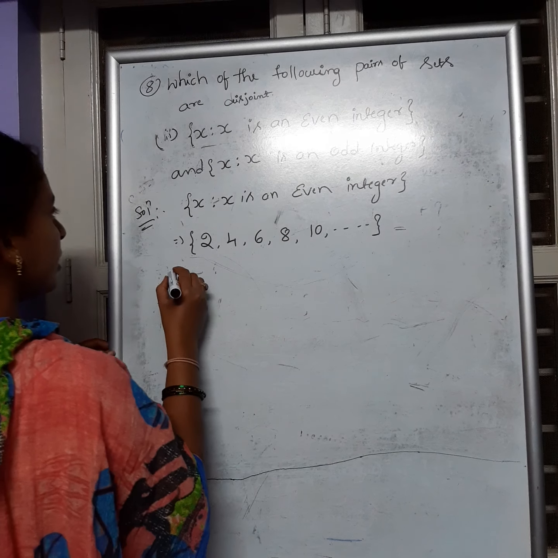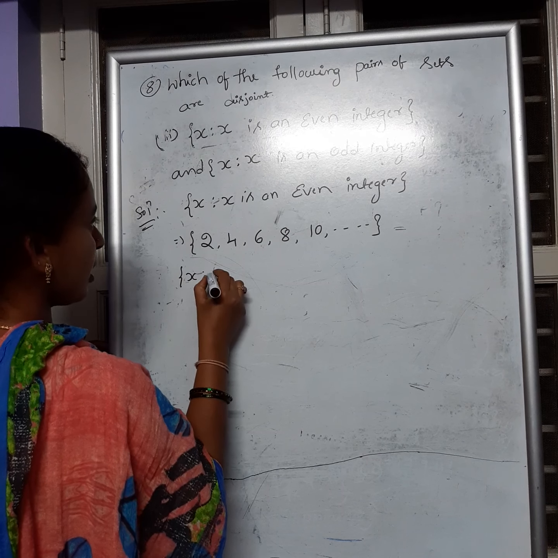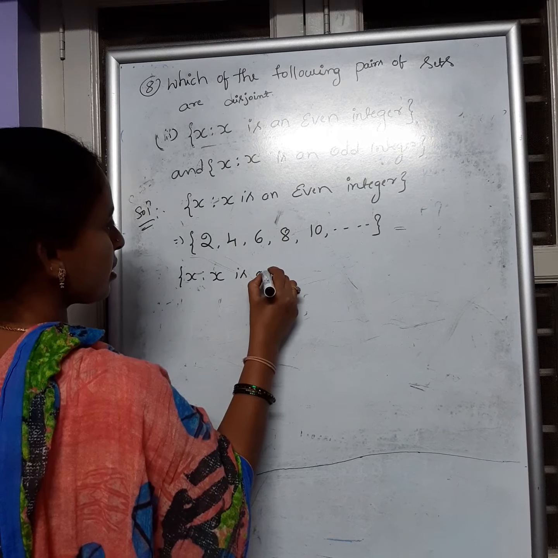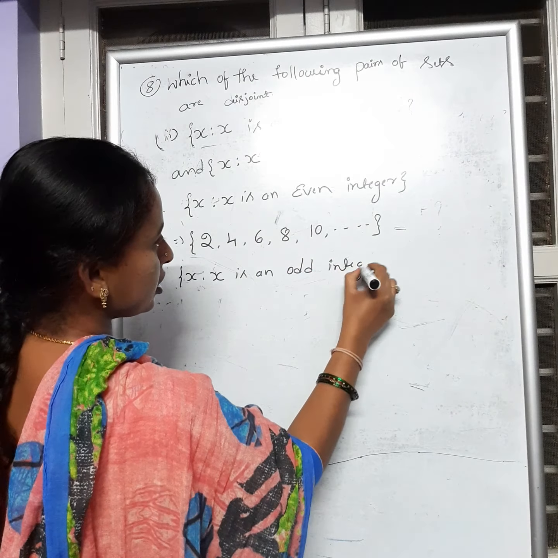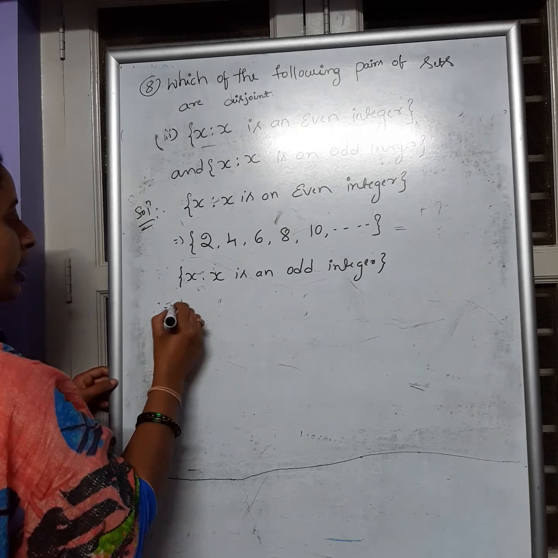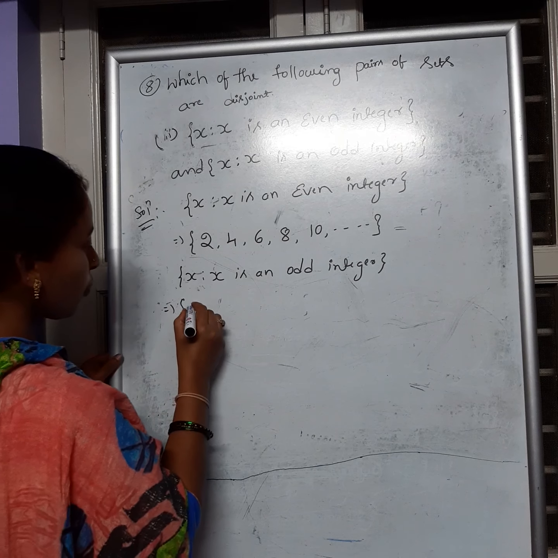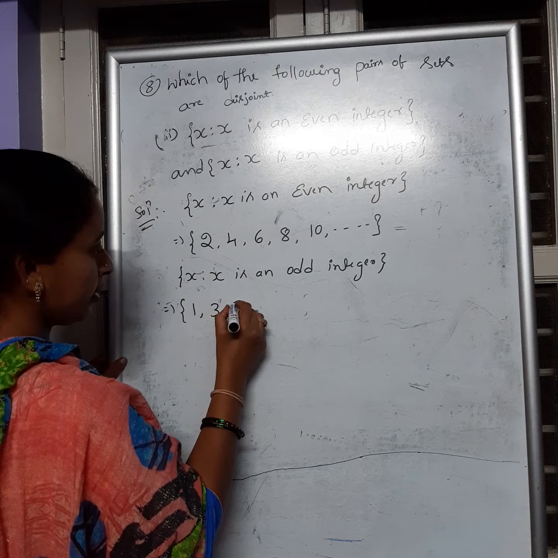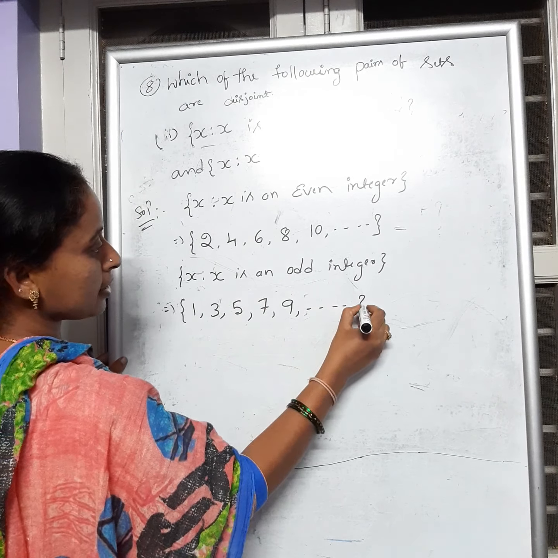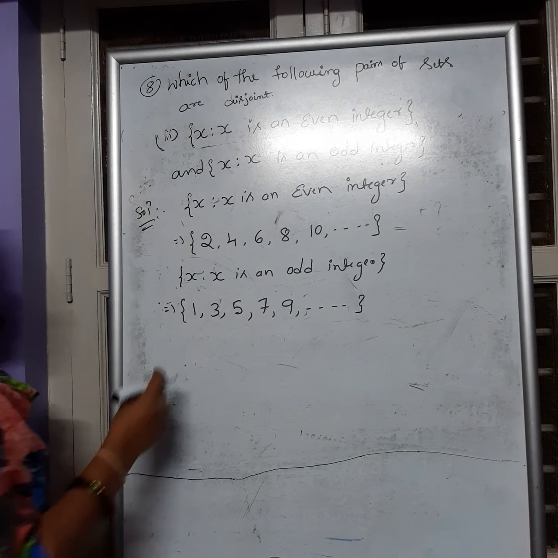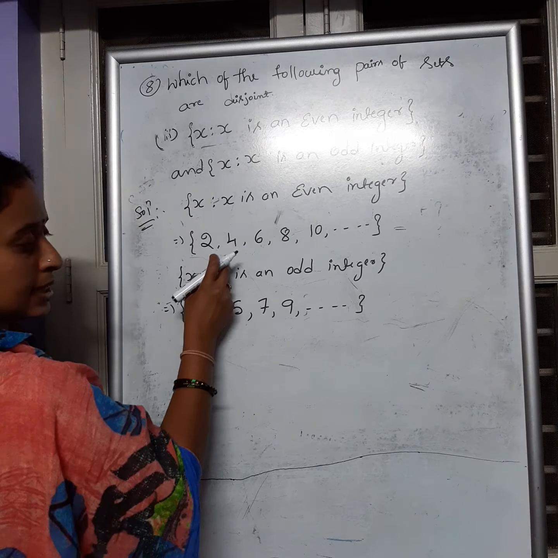Right? Then next, x such that x is an odd integer. Which are the odd integers? 1, 3, 5, 7, 9, etc. Now we should intersect both these sets.